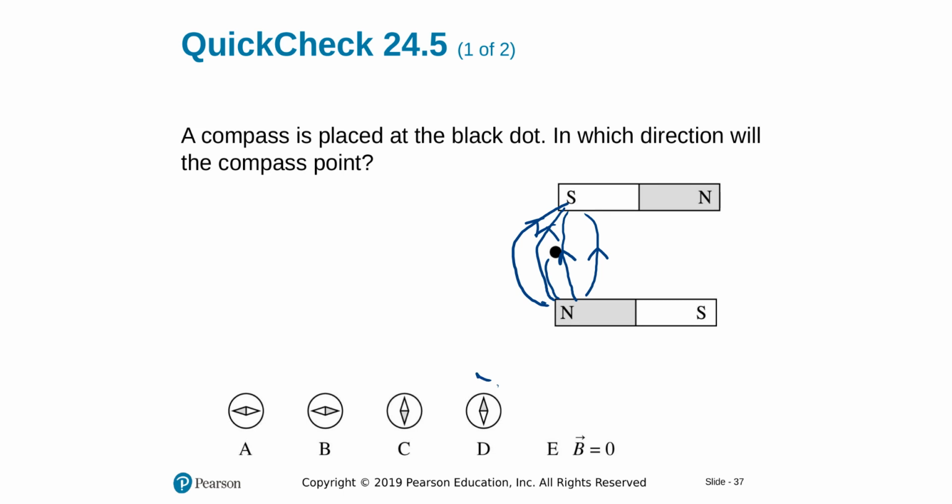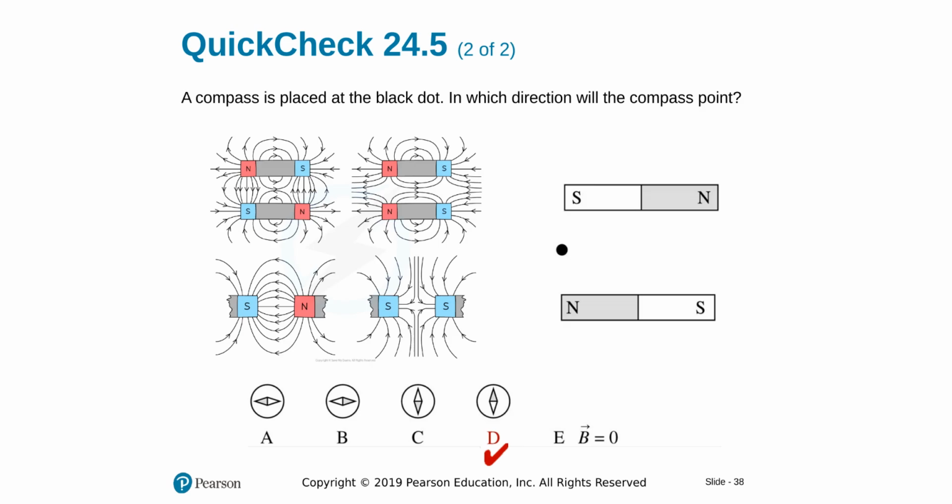So this should be my answer. On the other side, how would it look? Right, north to south, it would be in a downward direction over there. So my answer is D here.